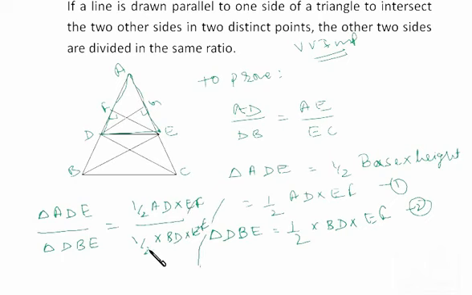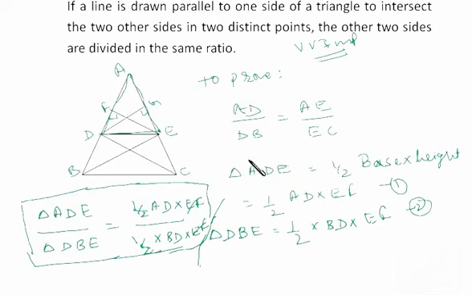Now EF cancels, half and half cancel. That means the ratio of area of triangle ADE and DBE will be equal to AD by BD. Now this is an important result.